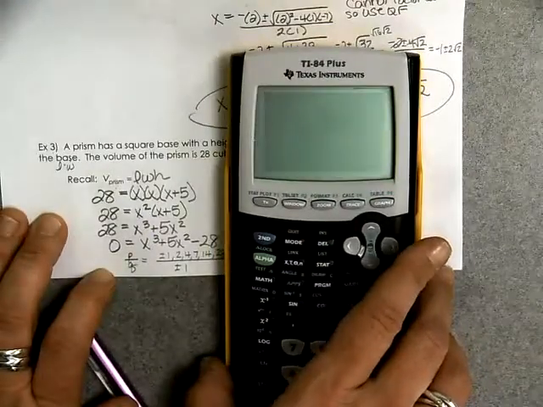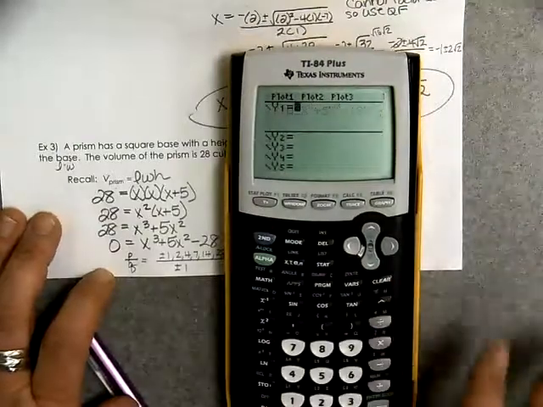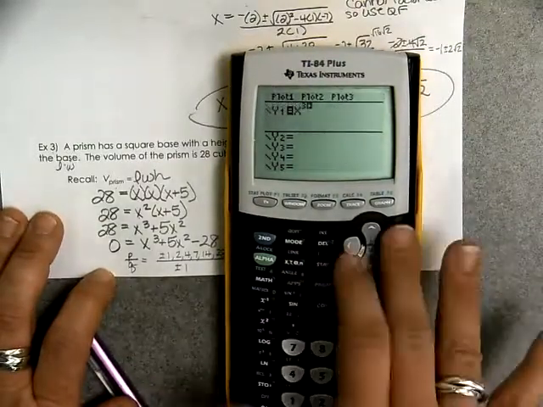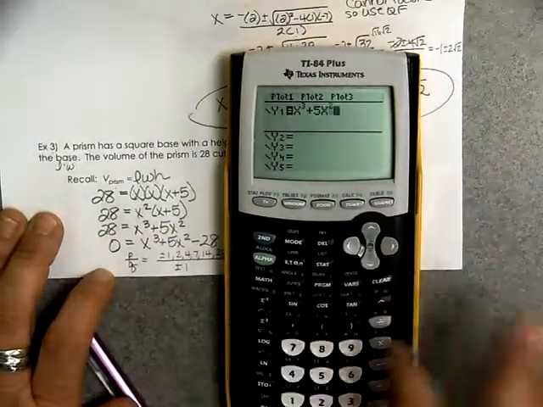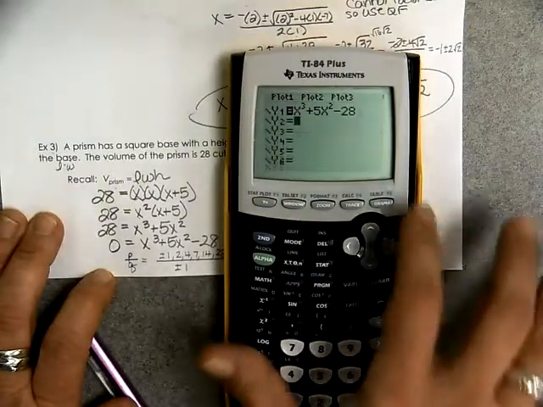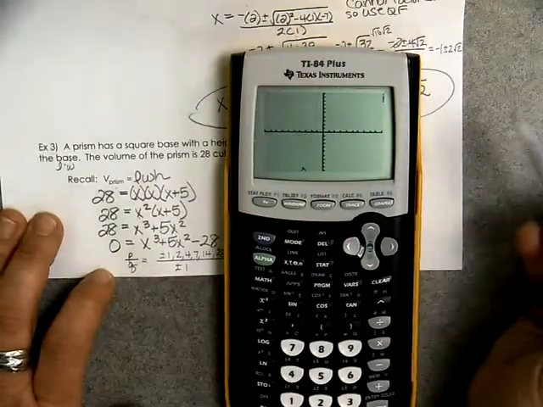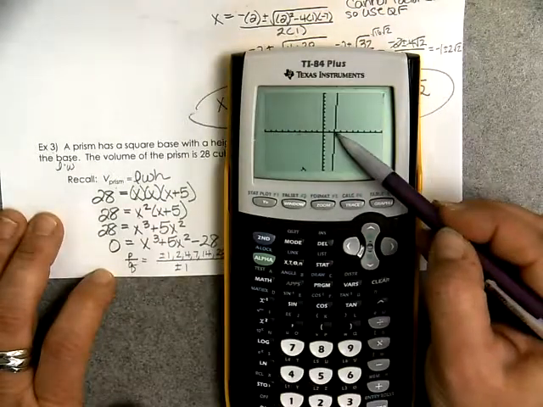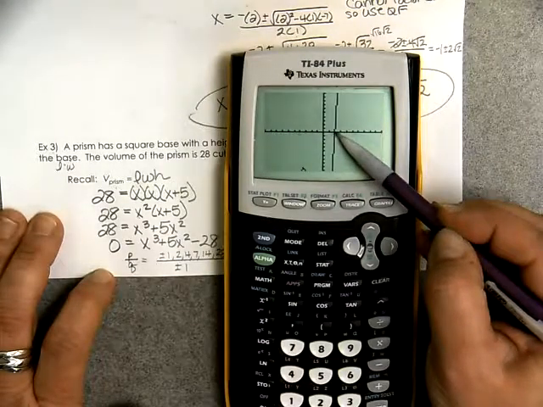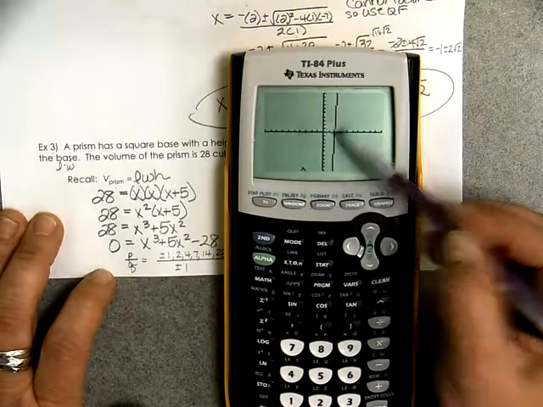So once again, we would go to the calculator and just put that in the calculator. X cubed plus 5x squared minus 28. We can graph, and we see that it looks like at x equals 2, there is a possibility.